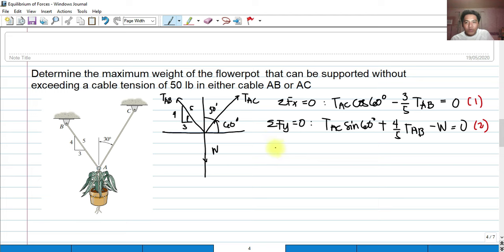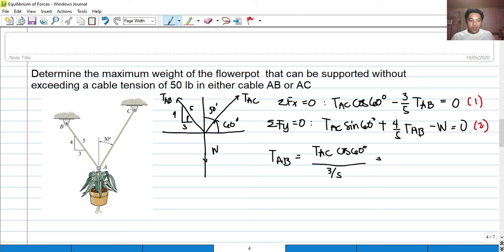If you solve that, T sub AB is T sub AC cosine 60 degrees all over 3 over 5. Substituting T sub AC as 50 pounds because from the relationship, before T sub AB reaches 50 pounds, T sub AC is already at the maximum.